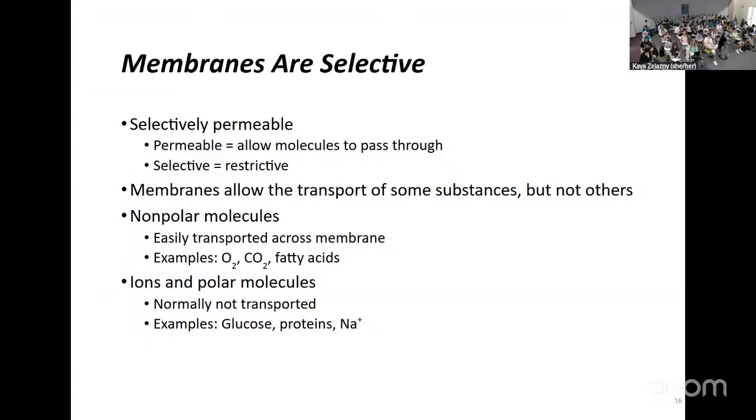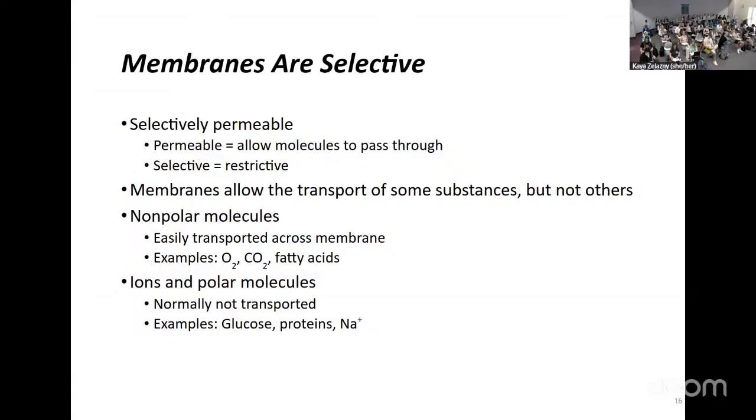We'll talk about the different types of transport in a little bit, but that's our preview. Usually when we're thinking about that, we're thinking about oxygen and carbon dioxide, but fatty acids could do that too. You rip fatty acids off a triglyceride, they're going to be able to easily cross that phospholipid barrier, that cell membrane as well.